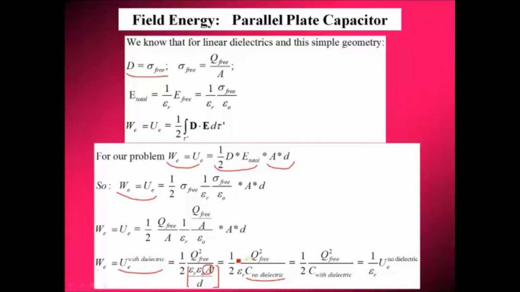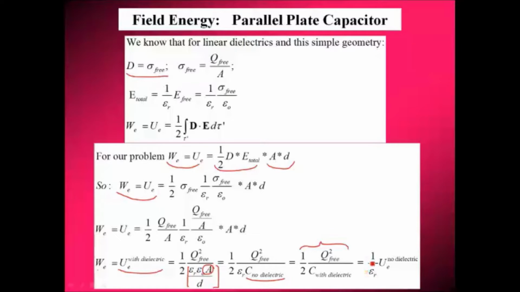Continuing on then, what we have here is that the potential energy in the system is 1/2 times Q squared free divided by the capacitance with dielectric. And so this is a pretty important equation for finding the energy that's stored between the parallel plates of a capacitor with a dielectric. If you take the energy without a dielectric, you'll notice that all you're doing is multiplying by 1 over epsilon r.